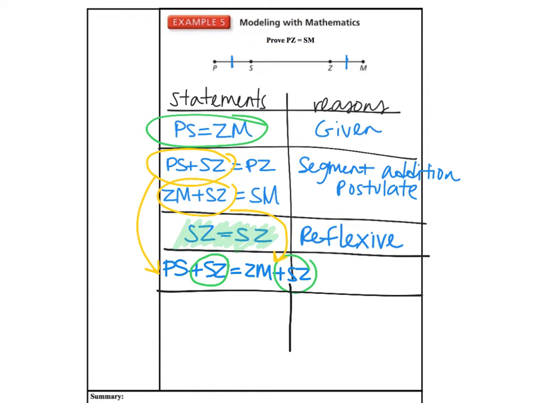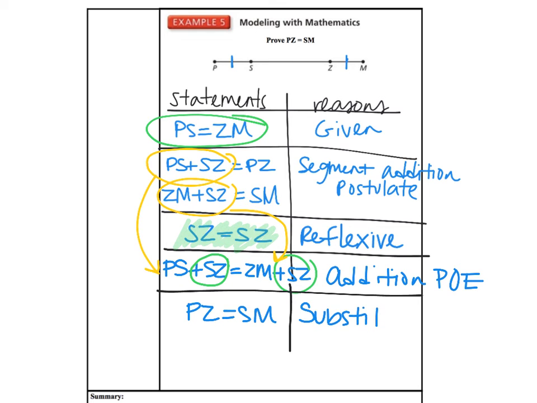Oh, whoops, did I forget to put a property? We did this one because of the addition property of equality. We added the same thing to both sides. I am now allowed to say the final thing, which is PZ equals SM because of the substitution property of equality.